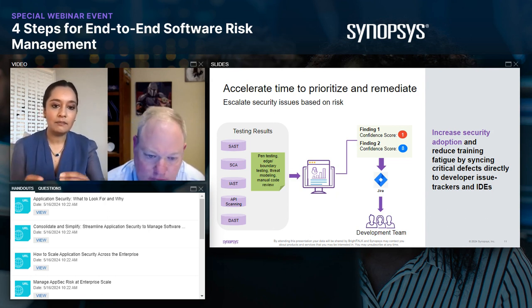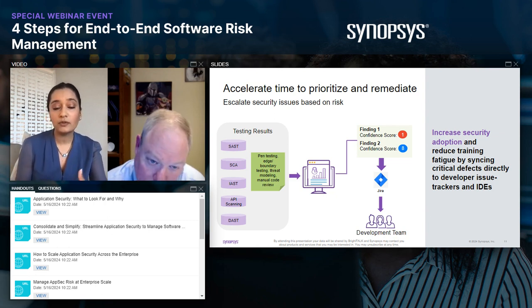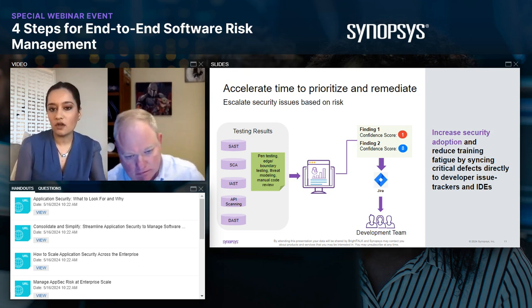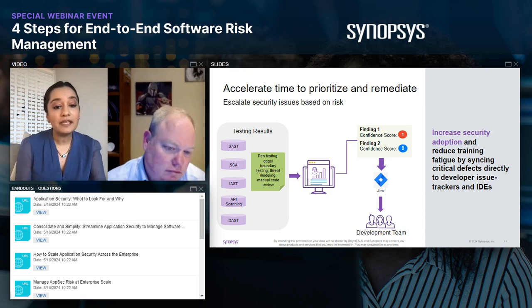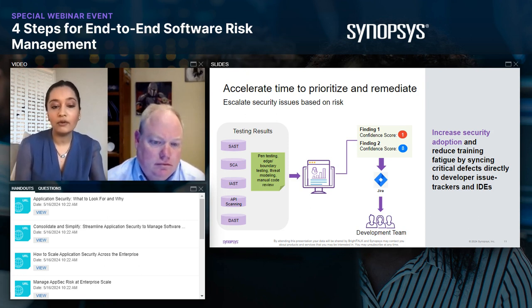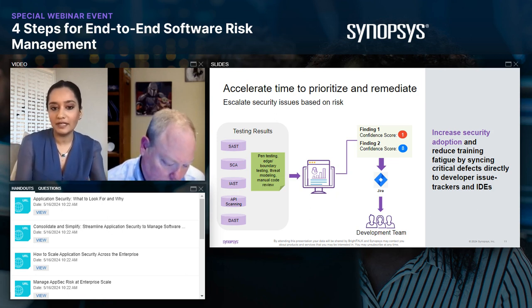In being able to correlate various risk rankings of tools that you're using and being able to come up with a normalized risk taxonomy, which really leads us into the second step of what an ASPM tool is enabling you to do in being able to effectively implement software risk management, which is really being able to accelerate that time to prioritize key issues and bridge the gap between security and development teams in being able to accelerate remediation.